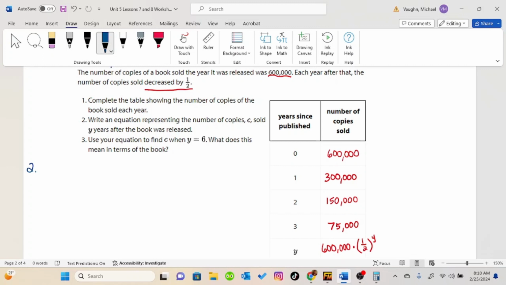And using function notation, we would say C of y equals the original 600,000 times 1/2 to the power of y.